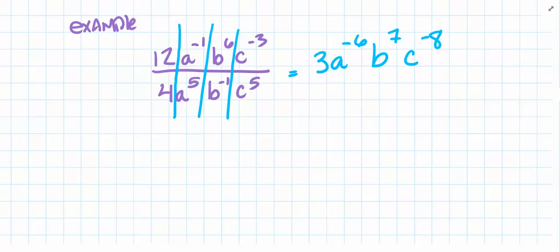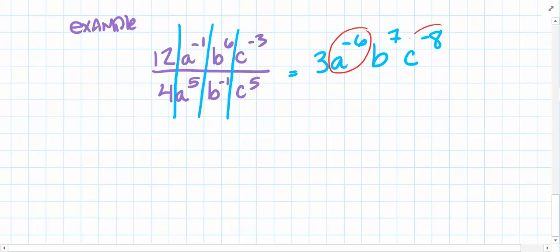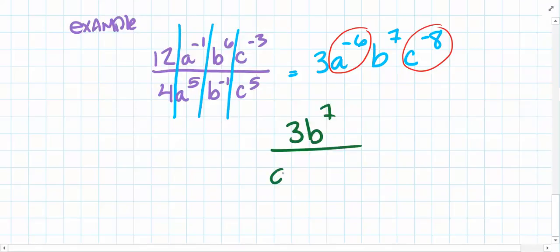That's actually a good idea to not skip this step. Now of these exponents, I can see that a to the 6th is negative and c to the negative 8th is also negative. So I'm going to rewrite this, and the final answer is 3b to the 7th over a to the 6th c to the 8th.